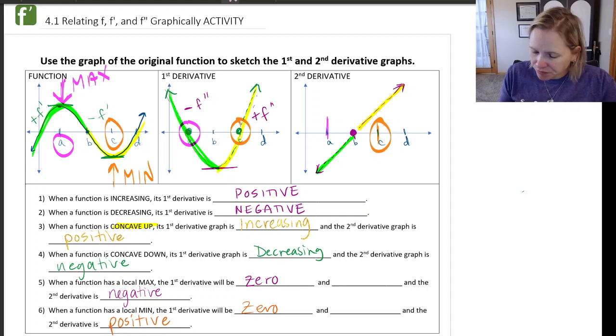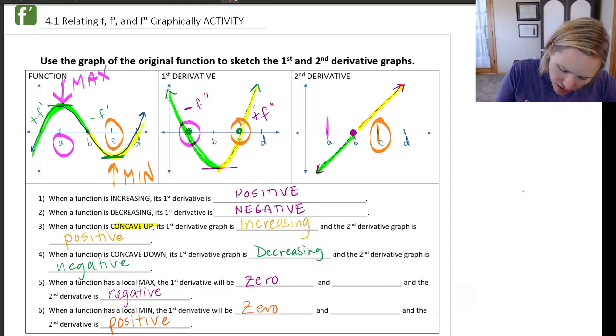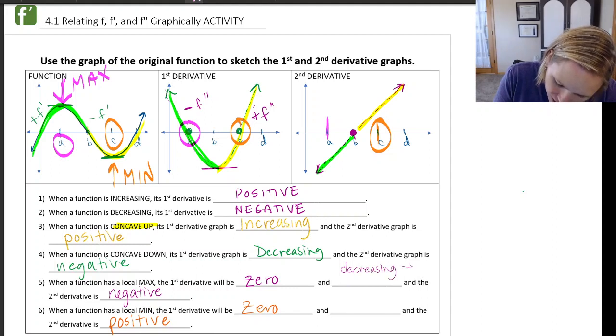Now, the first derivative, when I had that maximum, so that's point A, right? Point A was a max. The first derivative was decreasing, right? So let's talk about this. If my first derivative is decreasing, then it changes sign, and this is the part you want to look at, from positive to negative.